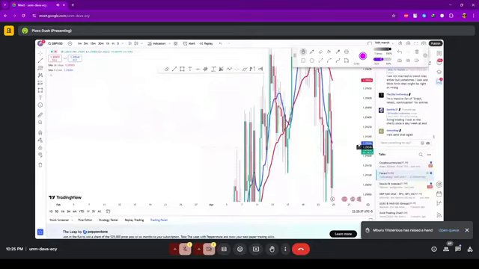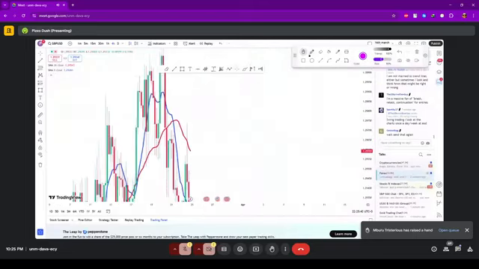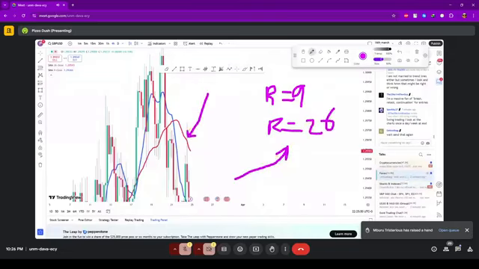Now, it's very simple. The blue moving average was 9. The red moving average was 26. So anytime the 26 moving average, the red moving average, is above blue, like here, you can see the red moving average is above blue, so blue is below red, it means the market is on a downtrend.